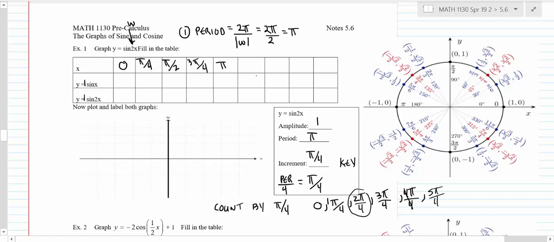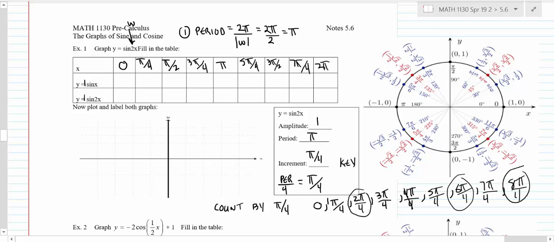So I'd have 5 pi over 4. Then I would have 6 pi over 4, 7 pi over 4, and eventually I'd end up with 8 pi over 4. And what I'm doing is reducing the fractions. So 6 pi over 4 is 3 pi over 2, and then 7 pi over 4 is already reduced, and then 8 pi over 4, of course, is 2 pi.